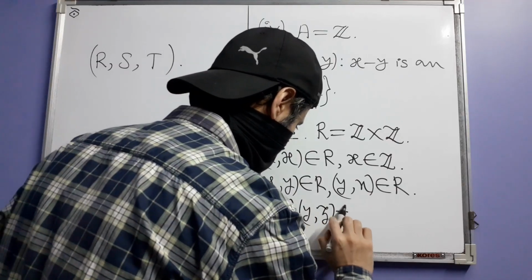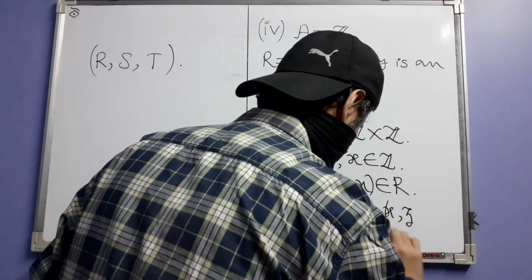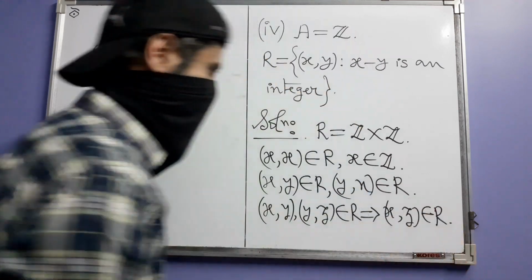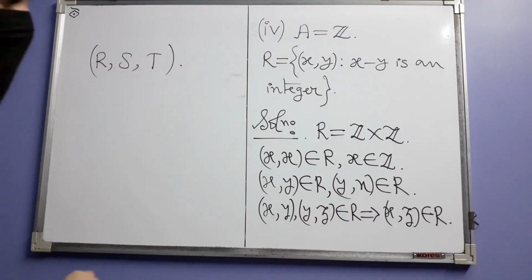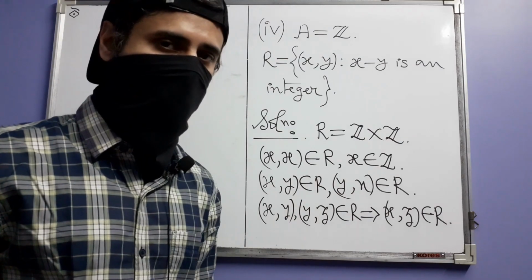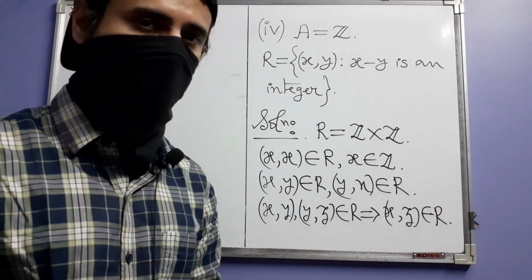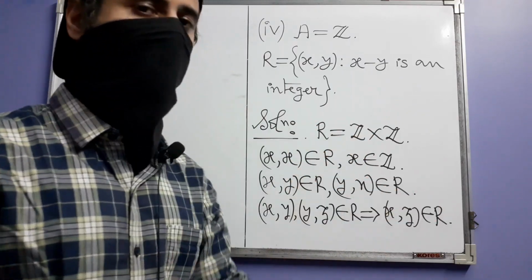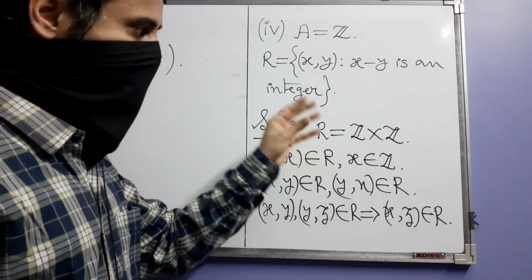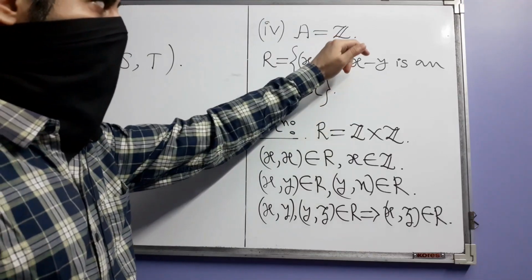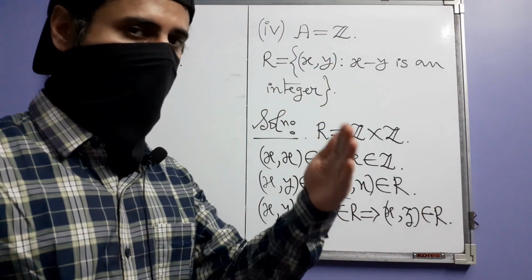If these ordered pairs are in R, then so is x comma z. So this is a reflexive, symmetric and transitive relation. It's an equivalence relation. Although it's a very boring equivalence relation because it relates everything to everything in the set. So if you remember, this is actually the universal relation on this set, the other extreme opposite of empty relation.